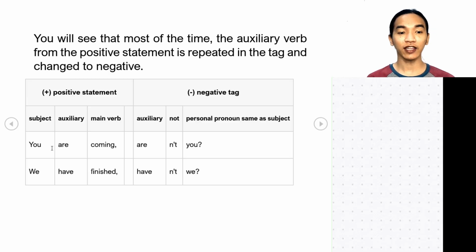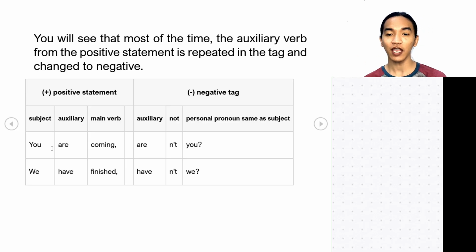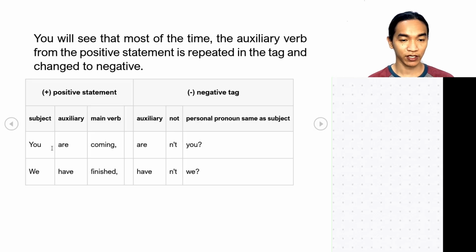As you can see on the positive statement, you have your auxiliary verb are. Now, what is the rule? If you have a positive statement, you convert it into a negative tag. You repeat the auxiliary verb and make it negative form. Since you have are not, or aren't you, you are coming, aren't you?